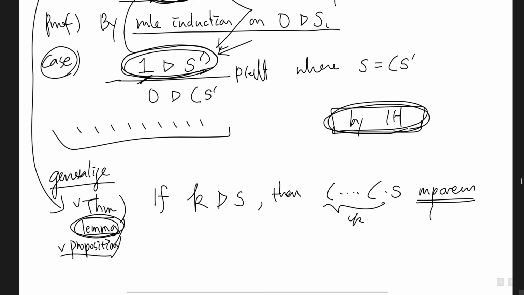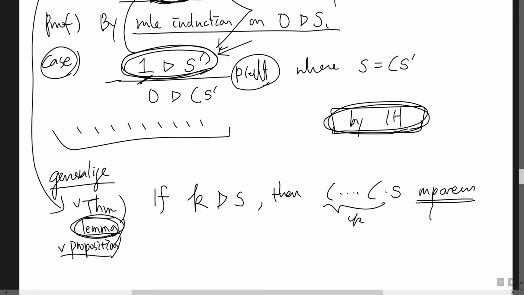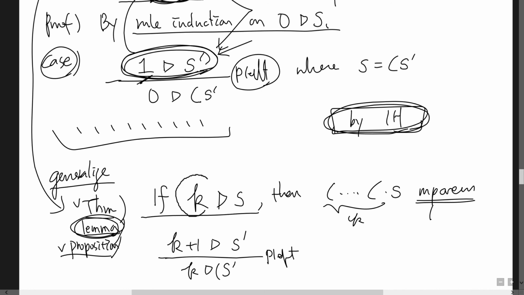Then we see that rule induction works because, for example, if the last inference rule was the p left rule, then the premise would be K plus 1 triangle S prime, where S is left parenthesis S prime. Because this statement allows an arbitrary non-negative integer K, we can obtain the induction hypothesis from the premise.